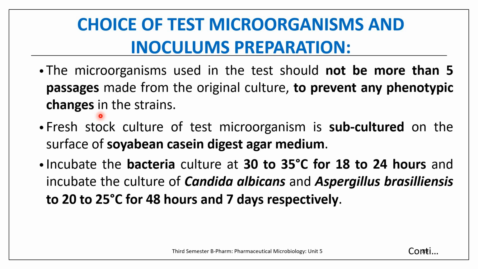But for a challenge test or preservative test, we should not use any microorganism that is subcultured more than 5 times. We are doing this to prevent any type of phenotypic changes in the strains.